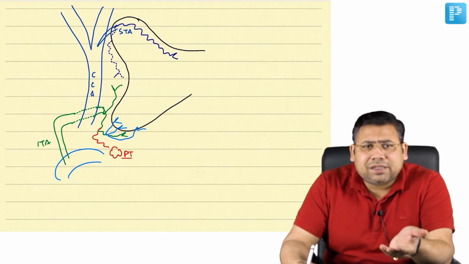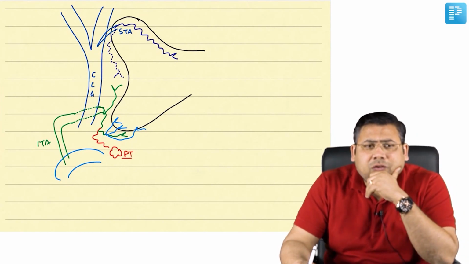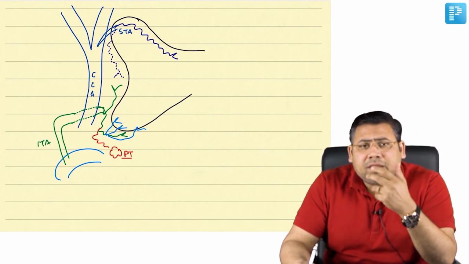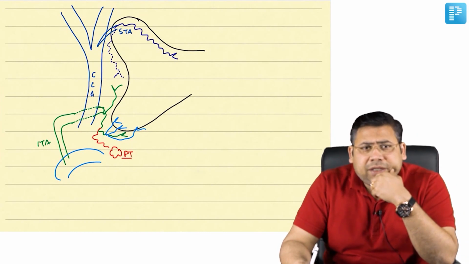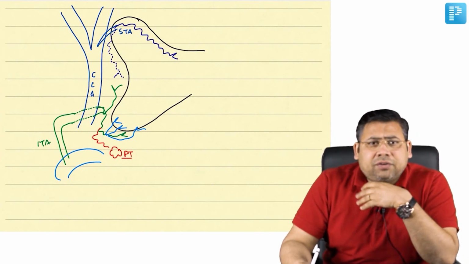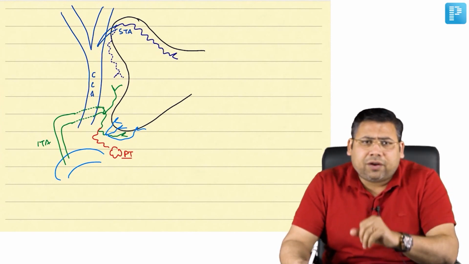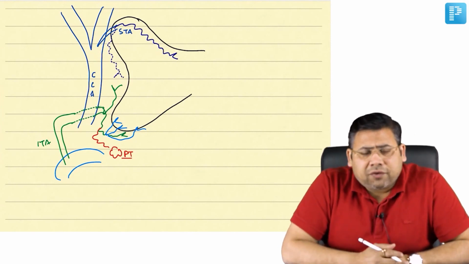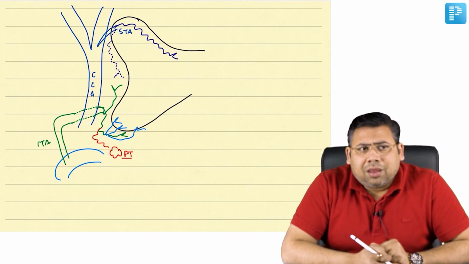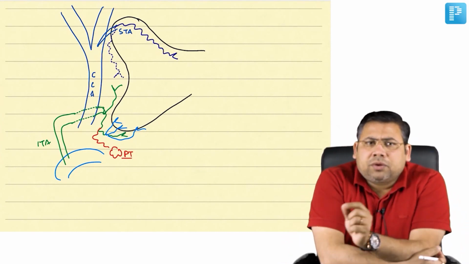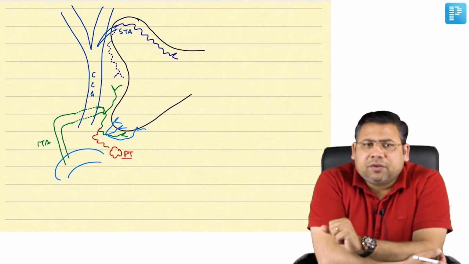Like when we do cholecystectomy, laparoscopic cholecystectomy, you always have a fear of damaging the CBD. In my life, not lying, I must have done around 5,000 lap choles, and maybe 1 or 2 cases of CBD injury were there.